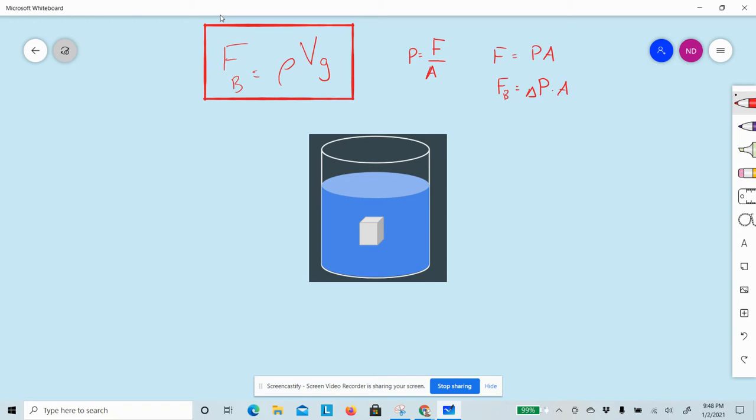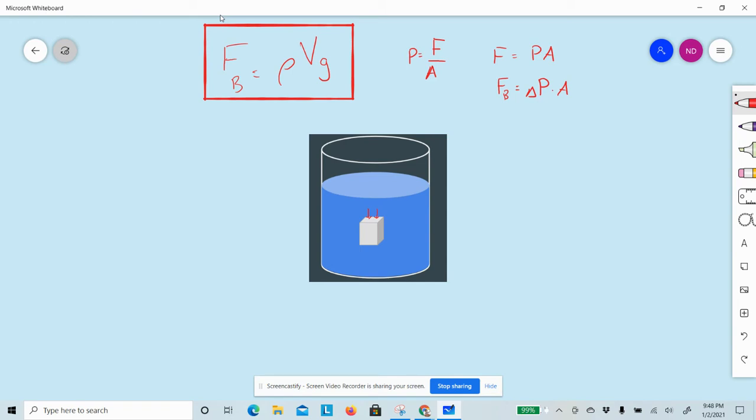If we look at this block that's submerged in a tank of water, all the molecules up here might bump into the top here, and they're going to push down with so much force, right? Pressure is a result of molecules bumping into the surface. So they're pushing down there.